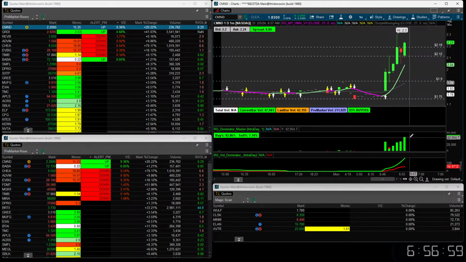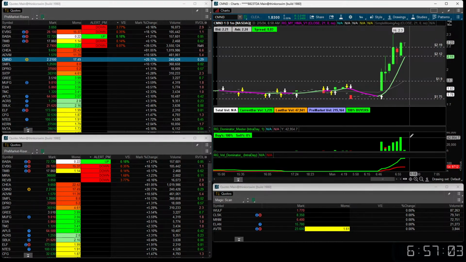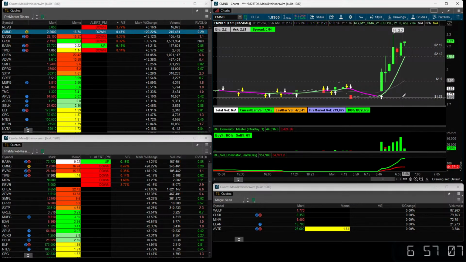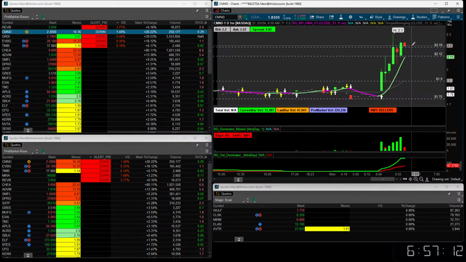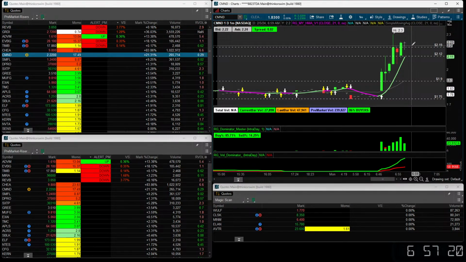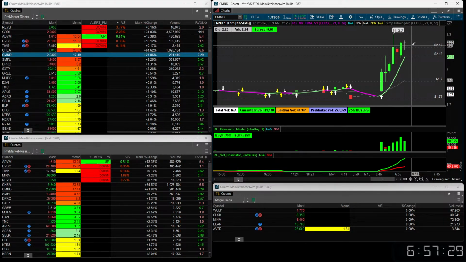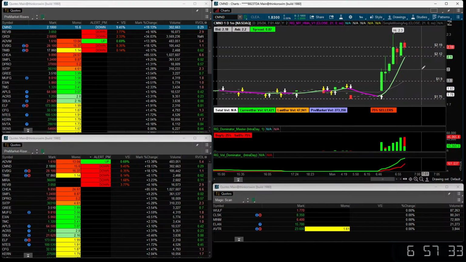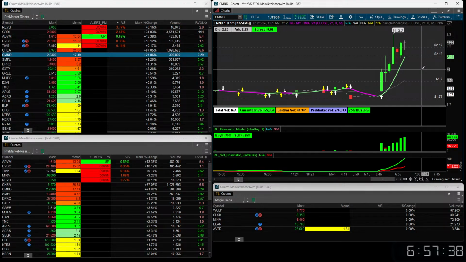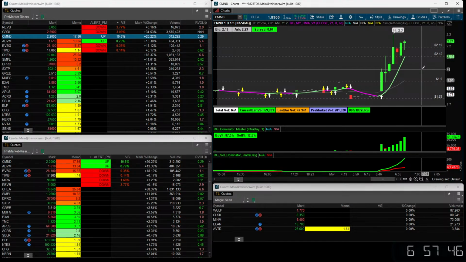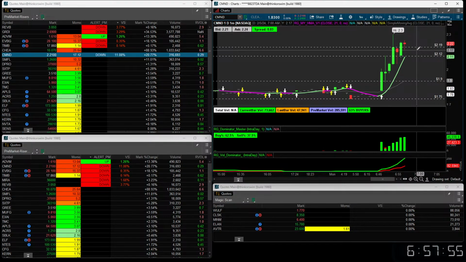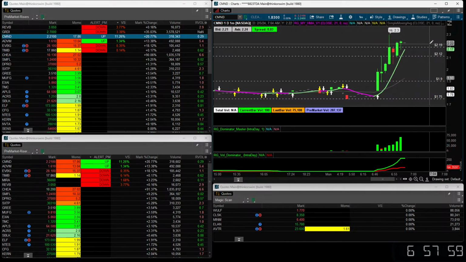Nice volume bars. Hopefully these sell orders will get filled and this stock will take off.